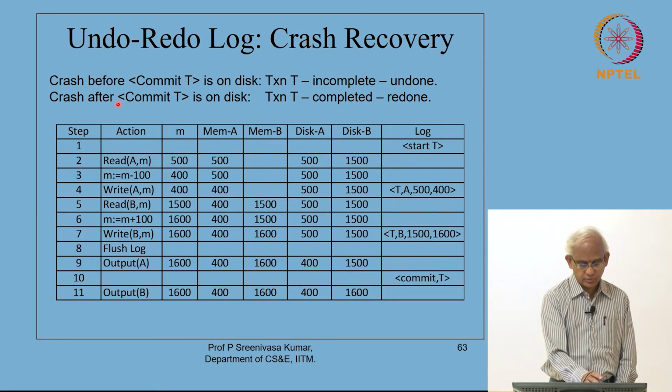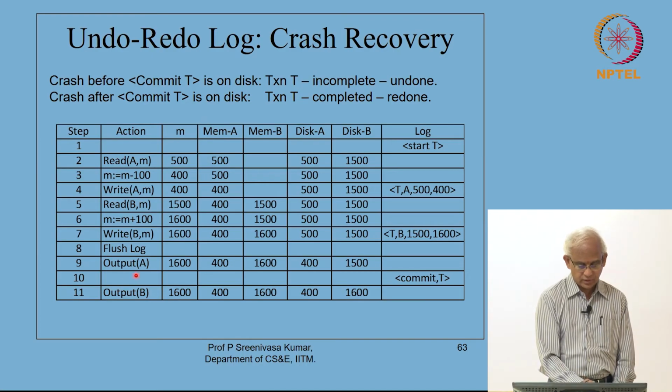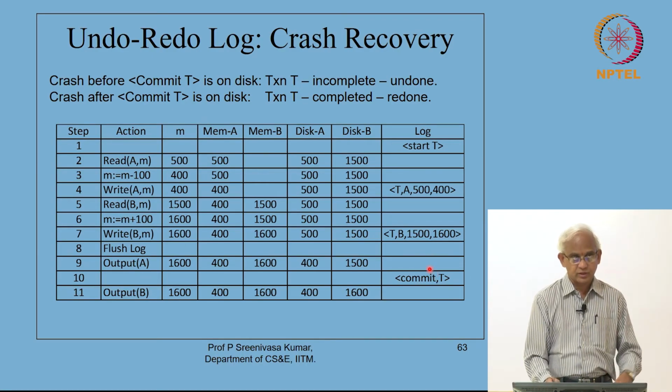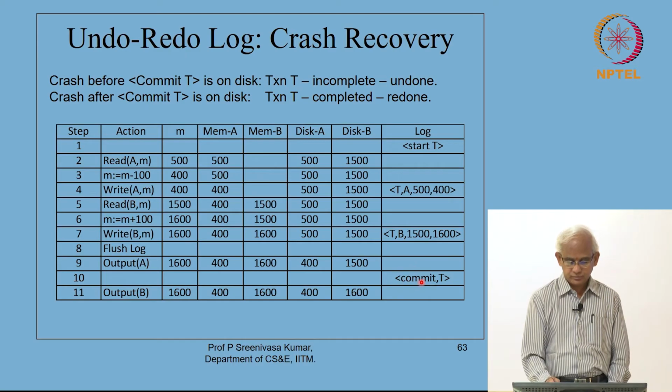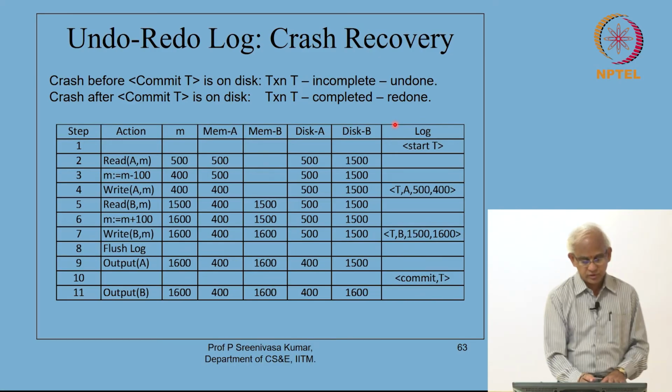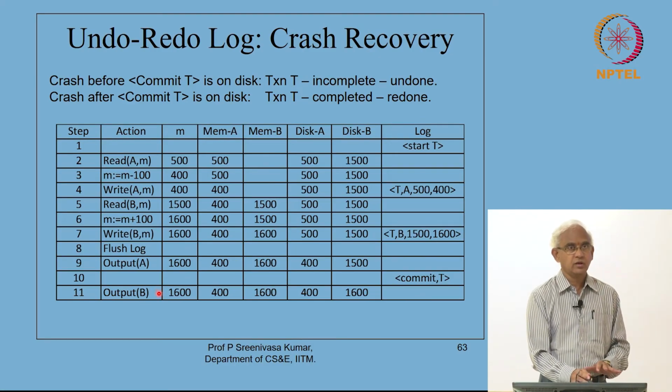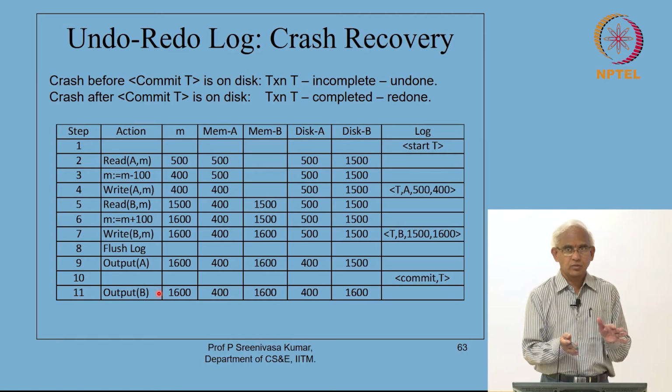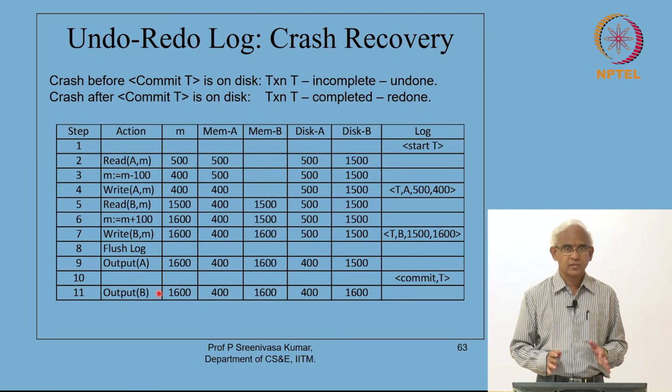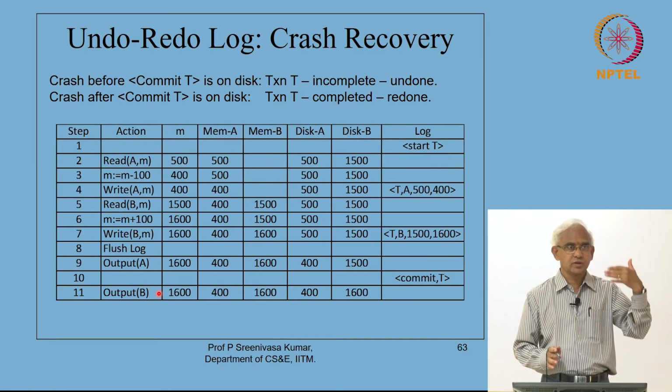But suppose the crash occurs and the commit T record is actually on the disk. Then we treat this as a completed transaction. Again, notice one thing, this is not just with respect to this particular transaction. Remember that operations of several transactions are interleaved, as per some transaction schedule, which is following the two-phase locking protocol.